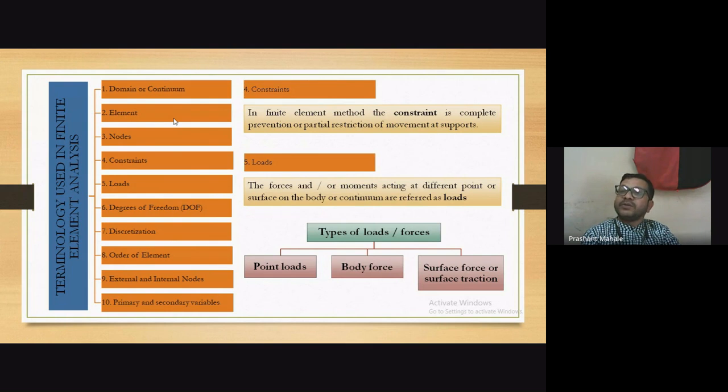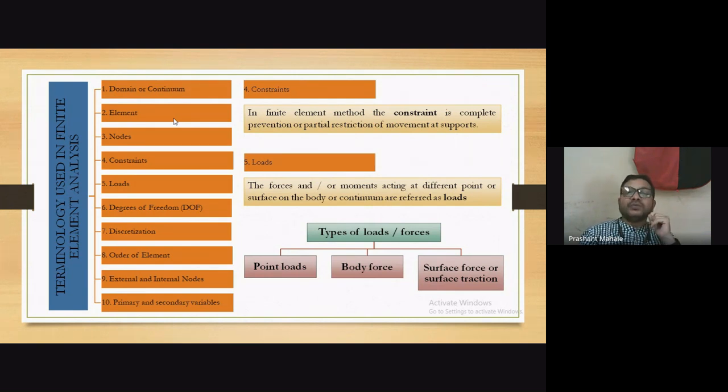It may be uniformly varying load also. These are the loads you learn in solid mechanics. But here we are taking all loads, UVL and UDL, under surface force only. So these are the names that we are going to use for loads in ANSYS when we apply them.